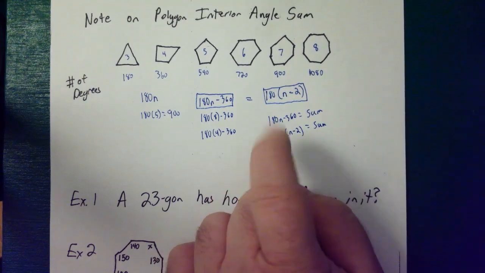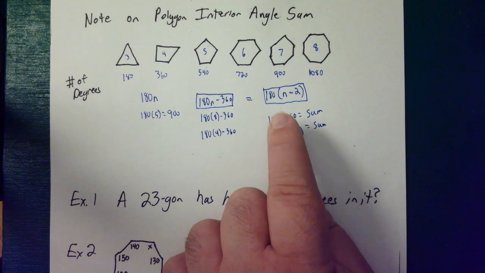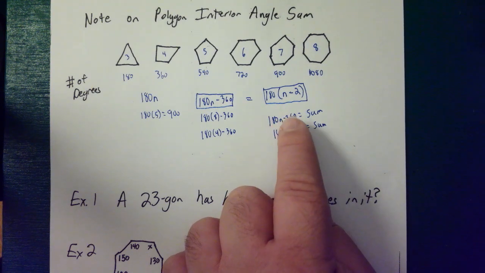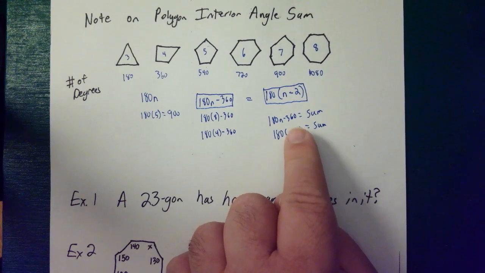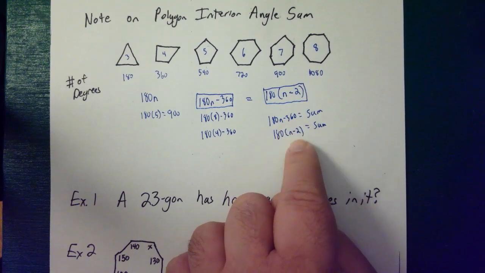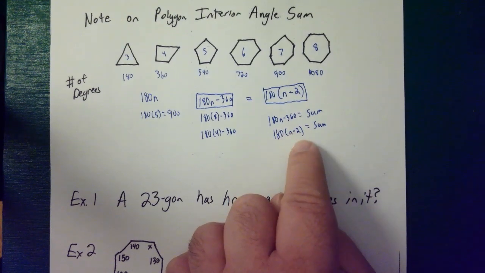On this one, you would have to multiply a number times 180, which means you need a calculator, and then you would have to subtract 360, which probably also means you want a calculator. But on this one, you're going to subtract 2 from whatever number you have. You could do that in your head and then just multiply by 180, which means you need a calculator for that, but this one's just quicker.